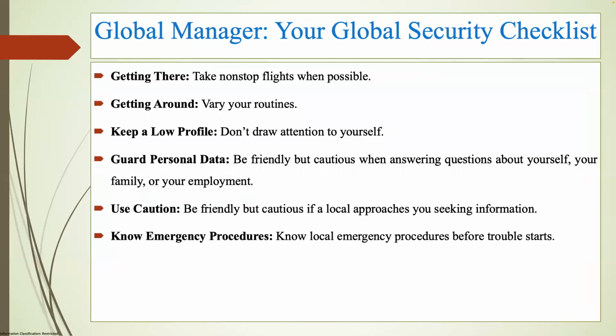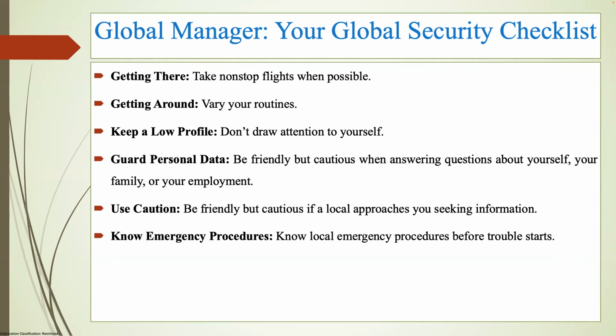So, global manager, here is your global security checklist, with ways to keep a low profile and stay safe while traveling to the more volatile locations abroad. Getting there, take a non-stop flight when possible. Getting around, vary your routines.